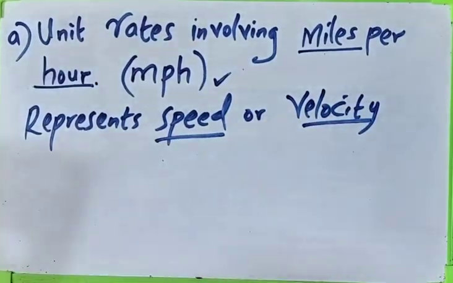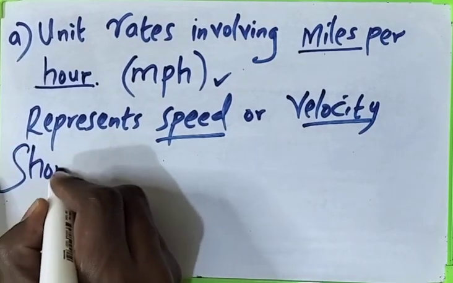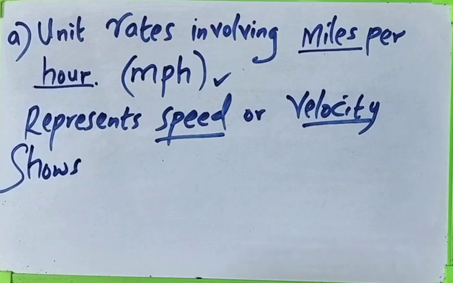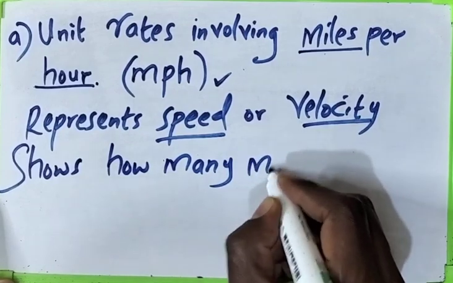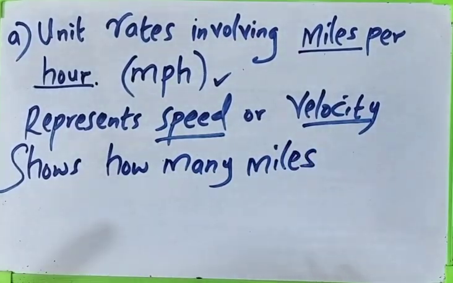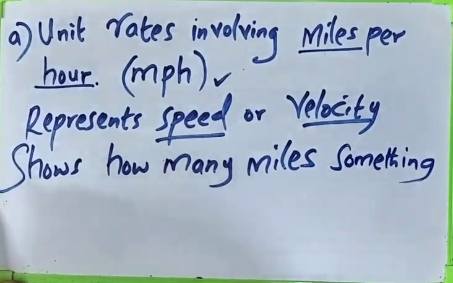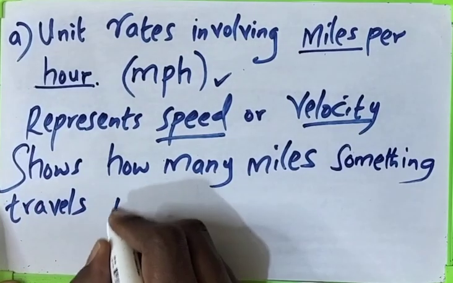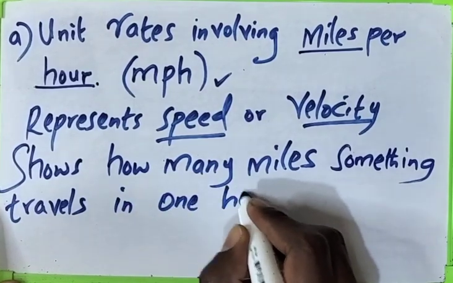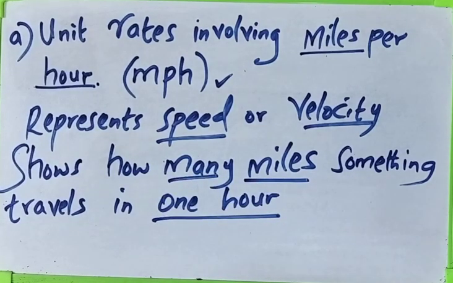So this shows that the rate shows how many miles something travels in 1 hour. That is what it means. How many miles something travels in 1 hour.